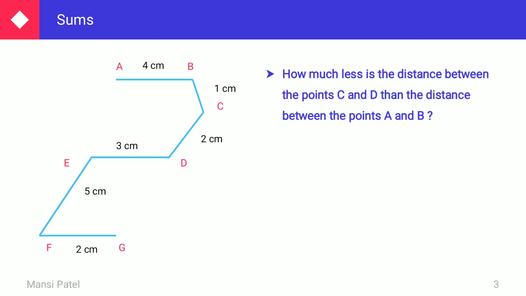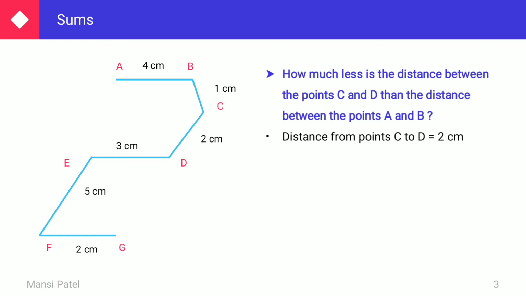How much less? You can see the distance between point A and B is 4 cm and the distance between C to D is 2 cm. So how do we solve it?